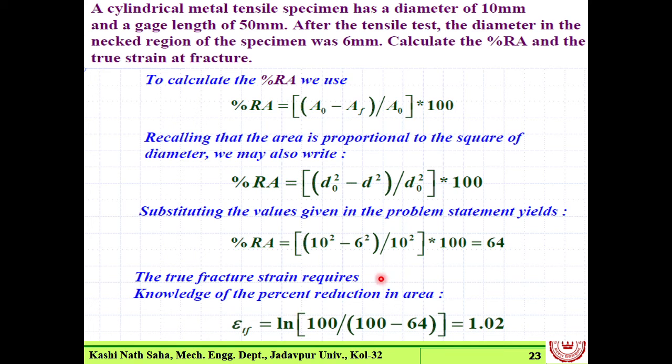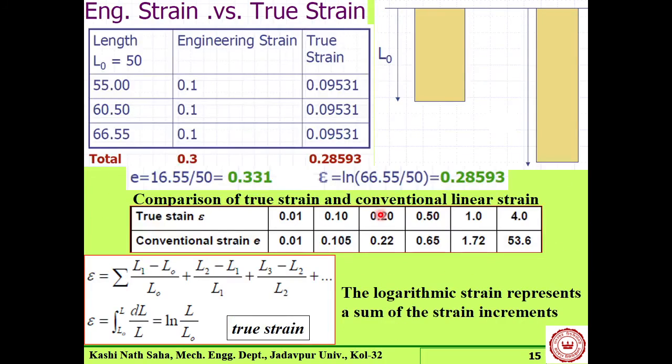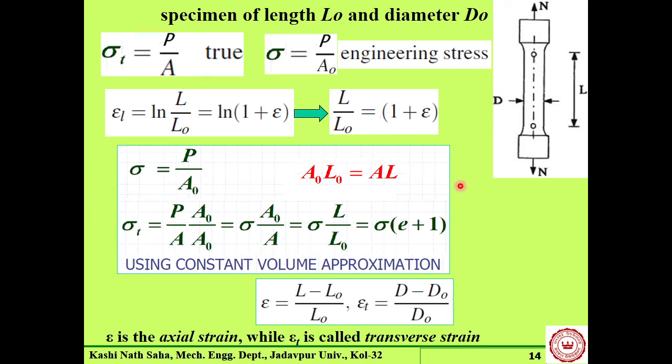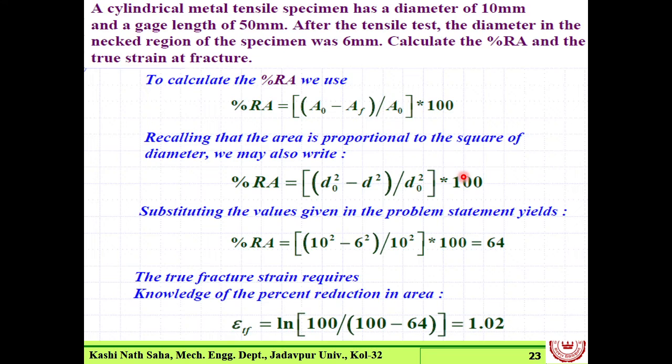Now here true strain is measured from change in area. That was there earlier also. In this slide we had A0 by A. From this relation you can find this out.